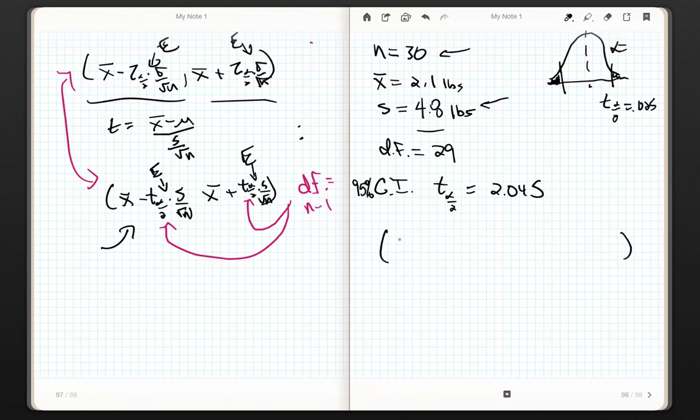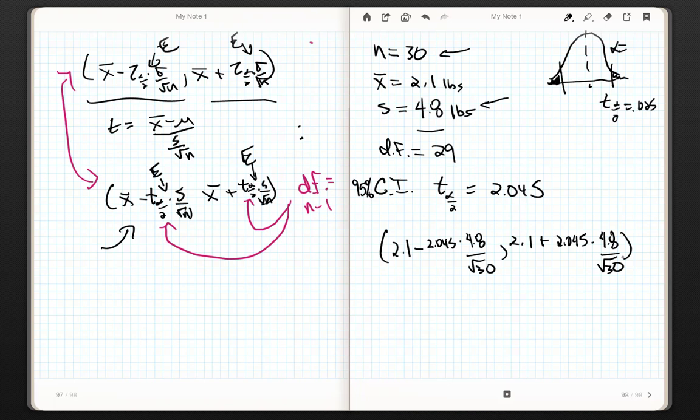You ready? I take x bar, which is 2.1, minus 2.045 times my sample standard deviation, which is 4.8, divided by the square root of 30. And then I have 2.1 plus 2.045 times 4.8 over the square root of 30.